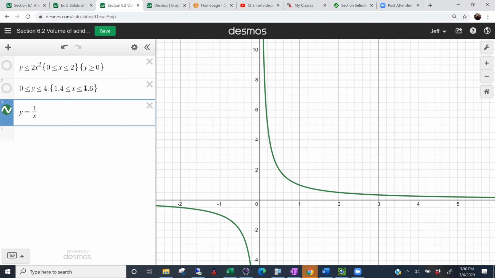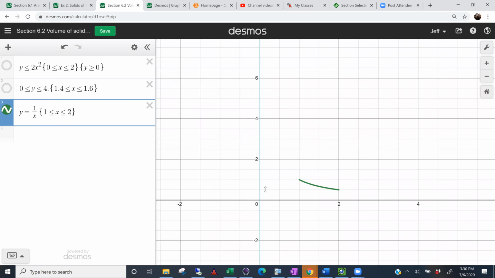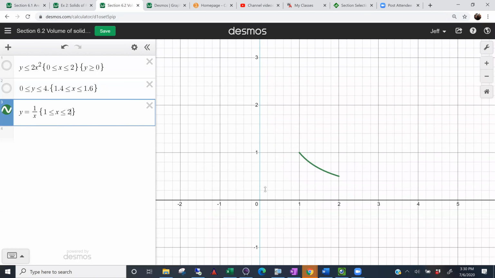And I want to limit that for x between 1 and 2. And let's make that a 1. And this is a 2. Okay, so pretty undramatic looking. Let's try and clean that up a little bit.